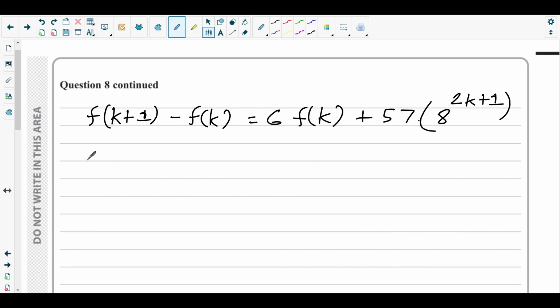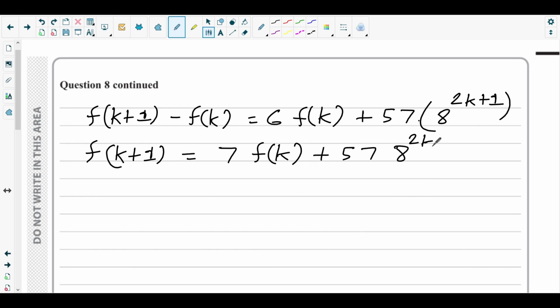So look, if you make f of k plus 1 the subject, you will get 7 times f of k plus 57 times 8 to the power 2k plus 1.